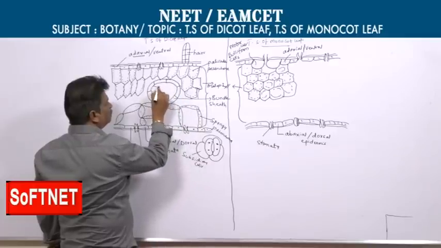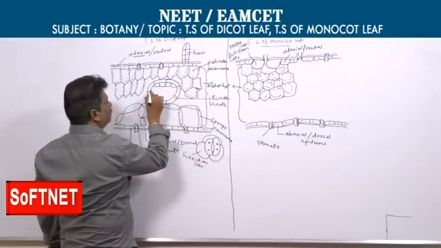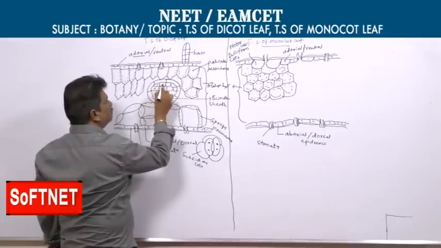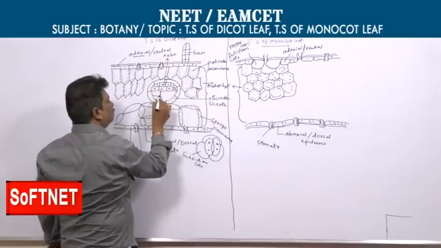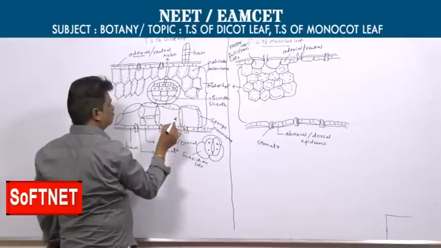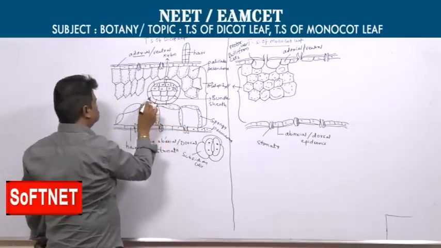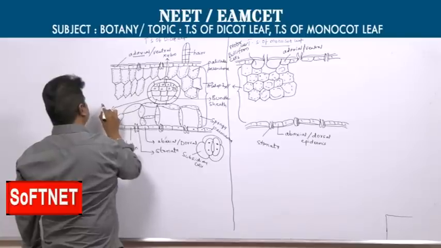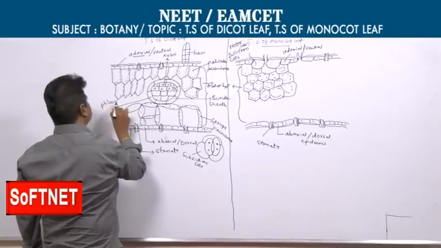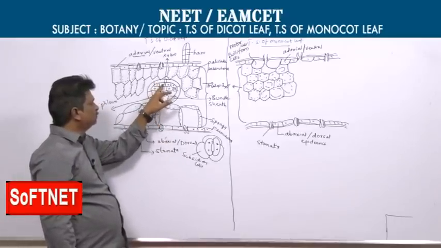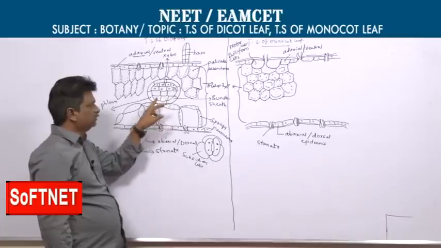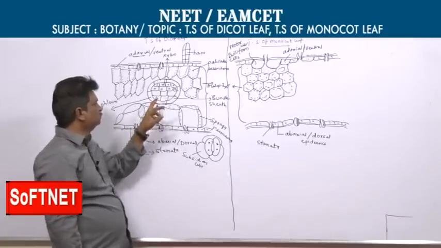Among vascular bundles, generally xylem is towards adaxial, the upper side, then phloem towards the lower side. It means both xylem and phloem are present on the same radius, called collateral.